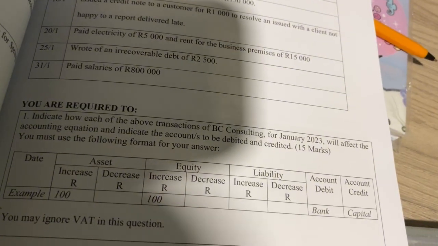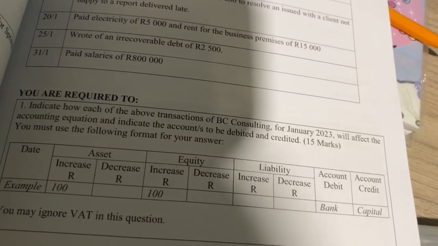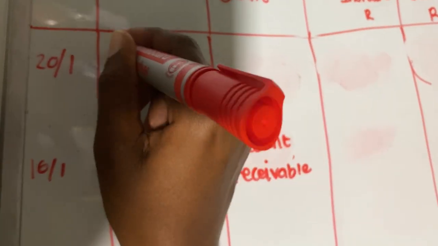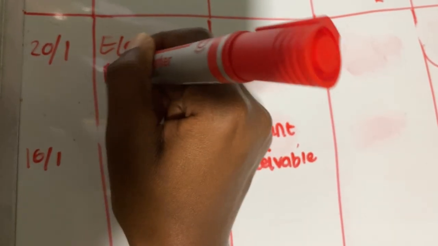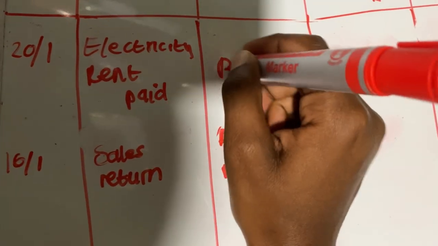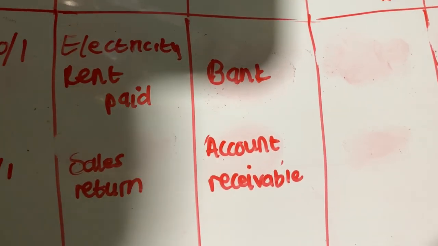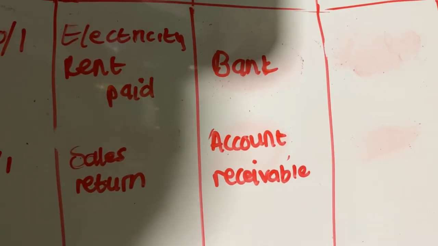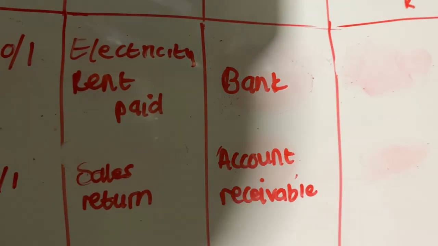Paid electricity of 5,000 rand and rent for the business premises. This is an expense, like money is going out. So we're gonna debit electricity and rent paid, and we're gonna credit bank because money is moving out. Bank is an asset, and bank decreases where? On the credit side.